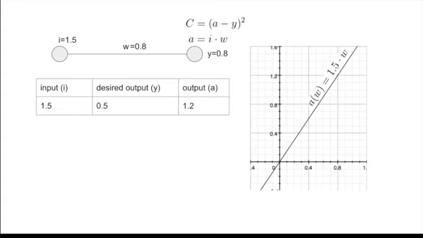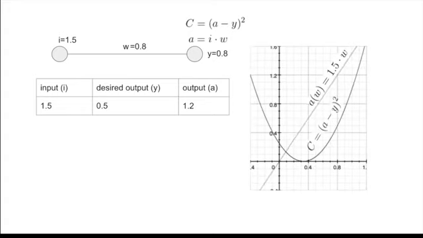Now, to formalize this desire of ours, we bring in the error function, which when plotted looks like a parabola. And you can clearly see that the minimum of this cost function is around here, which is what you would expect. Now, the backpropagation algorithm seeks to minimize the error by descending along the cost function.